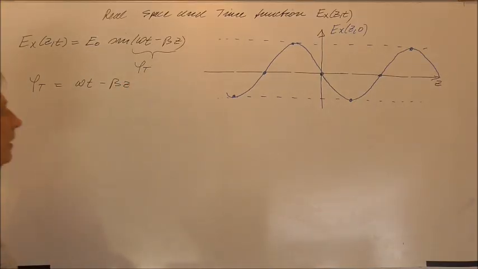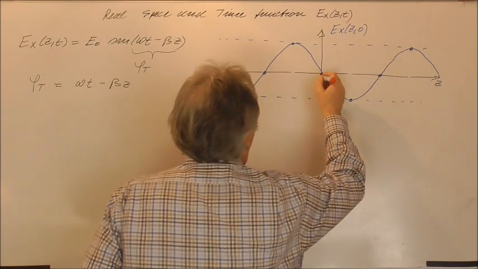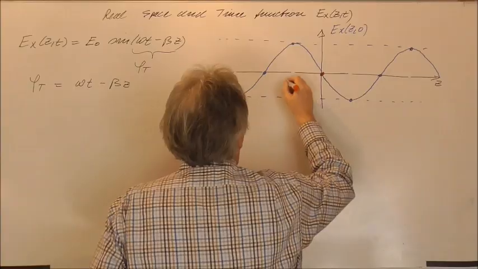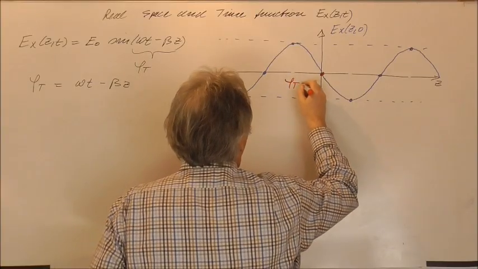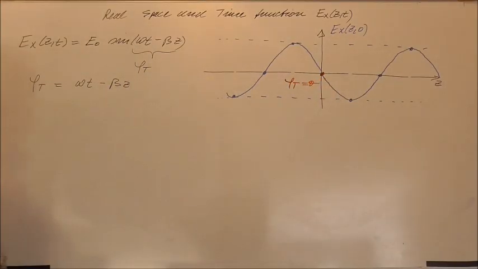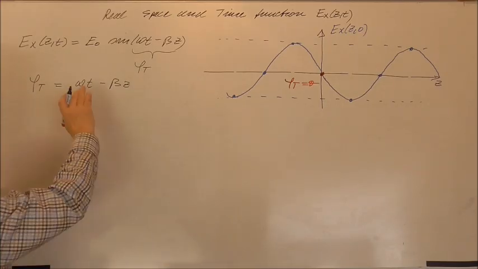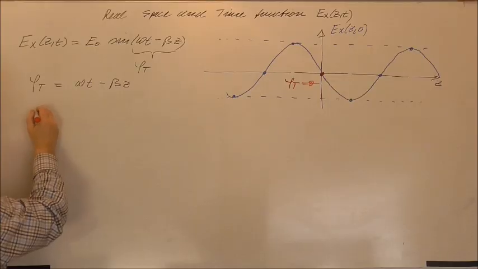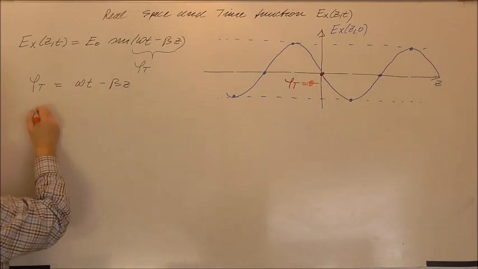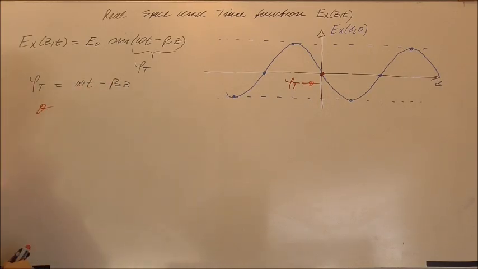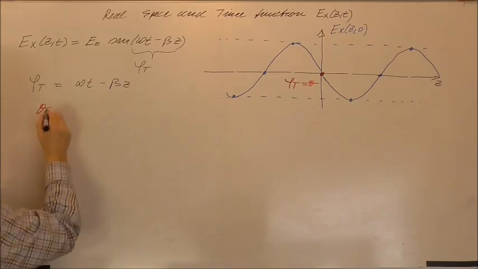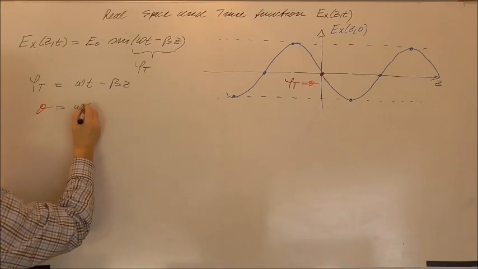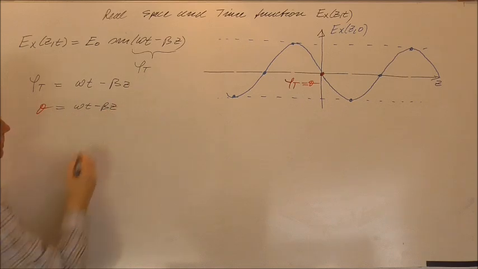So instead of discussing all phase points, I will now look at a certain point. This point would have the total phase equal to 0, and I want to discuss what will happen to this point if t and z change, so we will have 0 here equal to omega t minus beta times z.